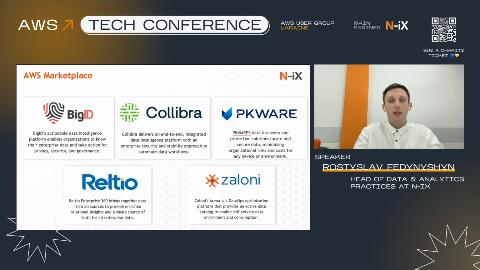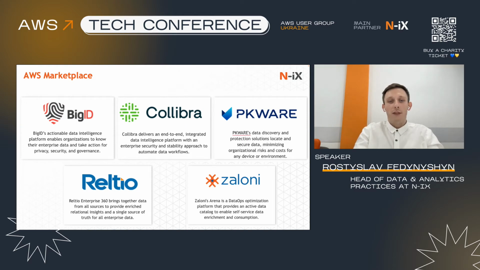Also, we have such products as PKWARE, that's used as a data discovery and protection solution to locate and secure data. I can also highlight Reltio, that enables precise automated visibility and control, even in the fastest moving, most complex IT environments.